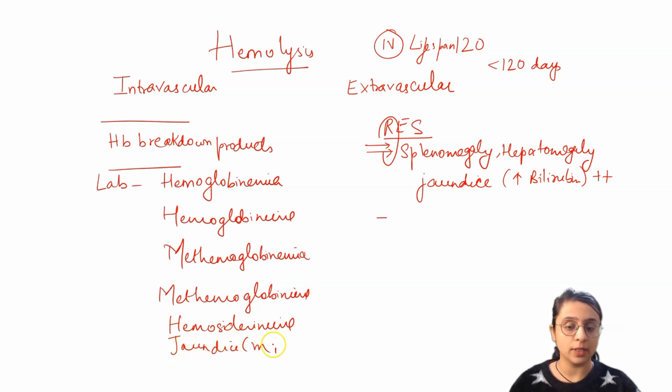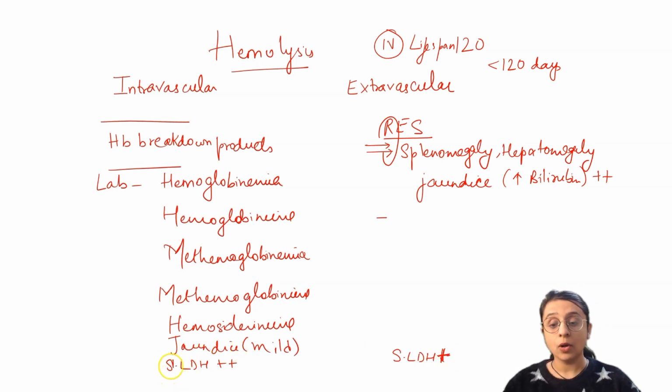There is mild jaundice. Along with that, another finding will be when there is a breakdown of this hemoglobin breakdown product, serum LDH will increase here, right? Serum LDH will increase here. Here it will also increase in extravascular hemolysis, but the increase is less. Right, so yes, there is an increase, but LDH level increases comparatively of a lesser severity. Along with that, very important, serum haptoglobin levels will be severely reduced.